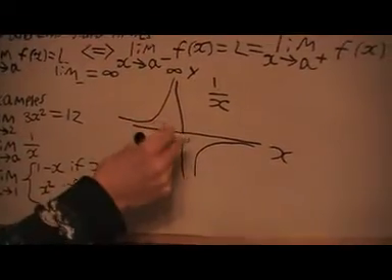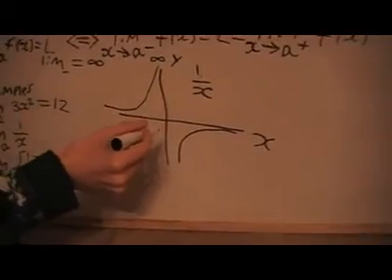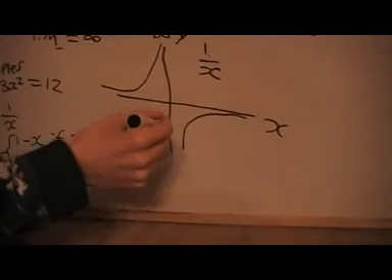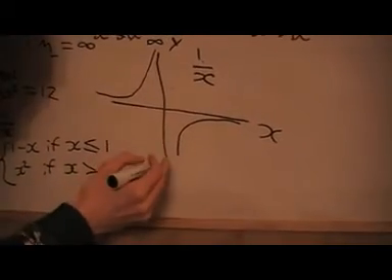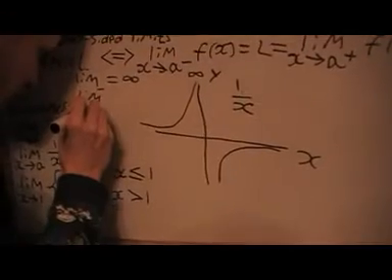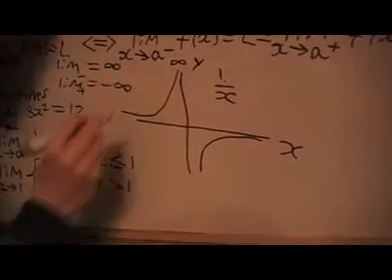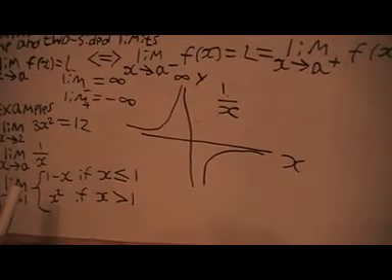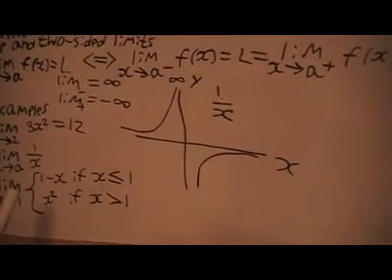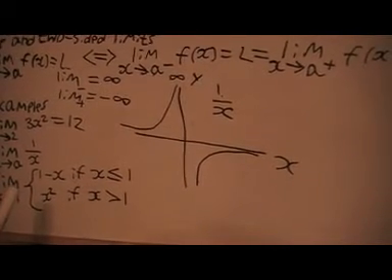And then if we look at this other limit here, we're approaching from the right, and we're going down this time, so we're going down to minus infinity. So the left hand limit is infinity, and the right hand limit is minus infinity.